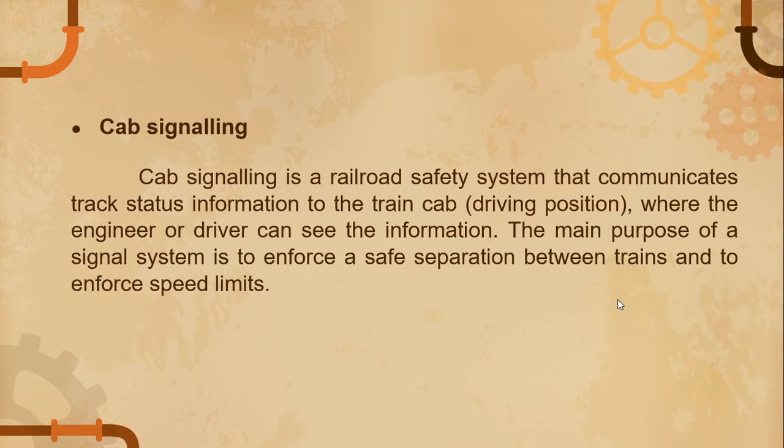So, pati dito sa cab signaling, we're still talking about safety. So, sabi dito, yung main purpose niya is to enforce a safe separation between trains tapos mag-set siya ng mga speed limit. So, parang siya din yung nag-i-indicate ng mga speed limits na yon.